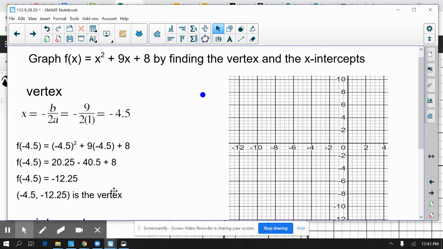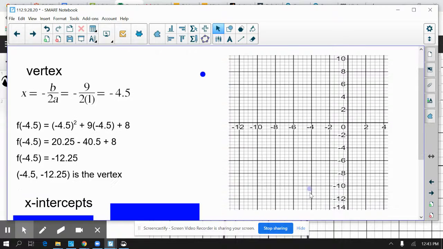So the whole vertex is (-4.5, -12.25). So I would graph that: here's -4, here's -5, here's -6, here's -4.5, and I'll do my best to find -12.25, somewhere around there.